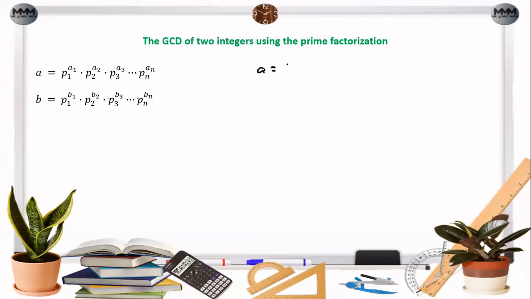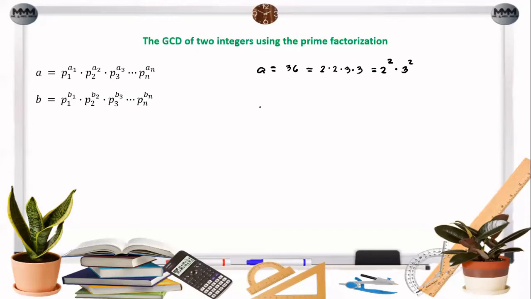For example, let's consider here a equal to, say, 36. So we can write 36 as the product of primes. We have 2 times 2 times 3 times 3. So we can write 36 as 2 squared times 3 squared, okay?